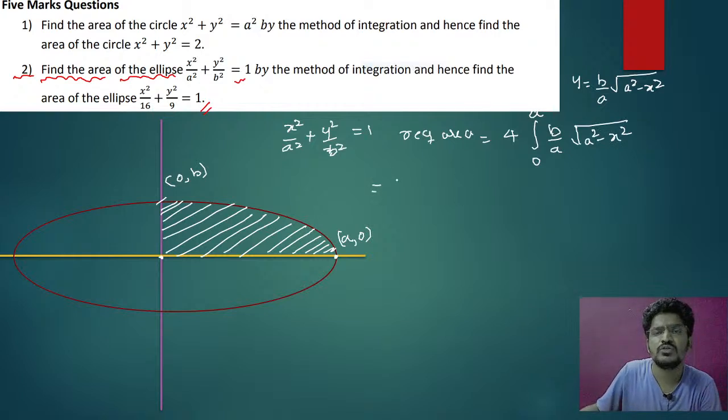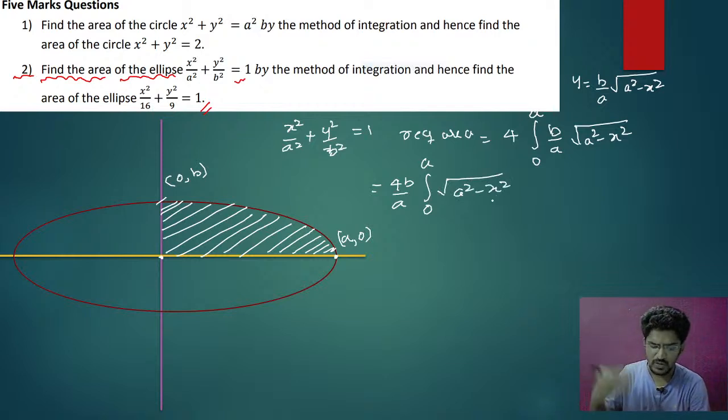So that is 4b by a, integration from 0 to a of root of a square minus x square. Already you have experience of solving this, so you write it very quickly.